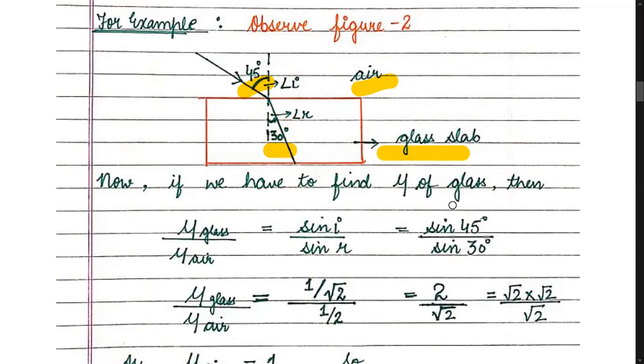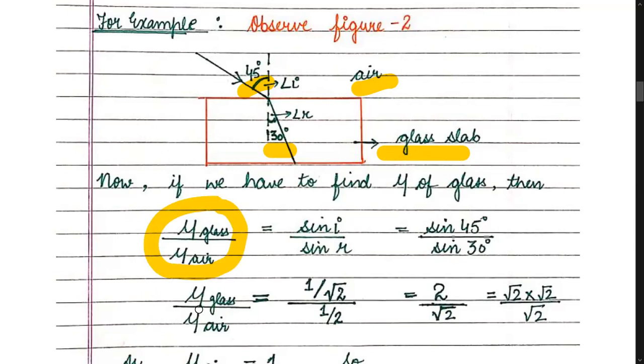Now if you want to find refractive index of glass, then we will take the ratio of refractive index of glass with respect to air.